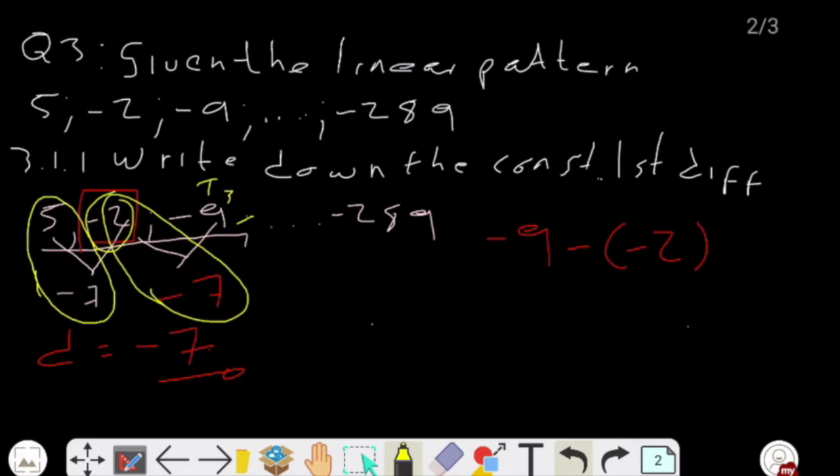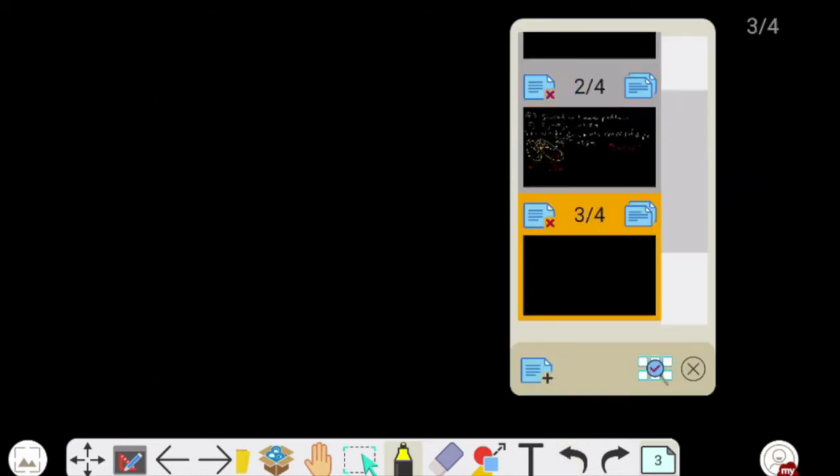Now they want you to find the next term, right? They want you to find T4. How do we find T4? You add again negative 7 and negative 9, which is negative 16.